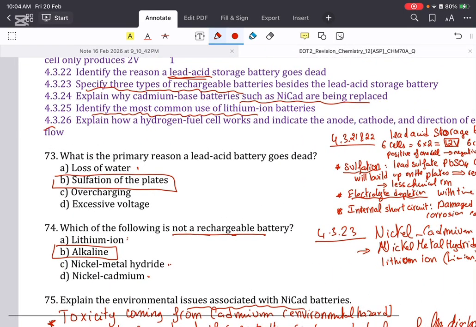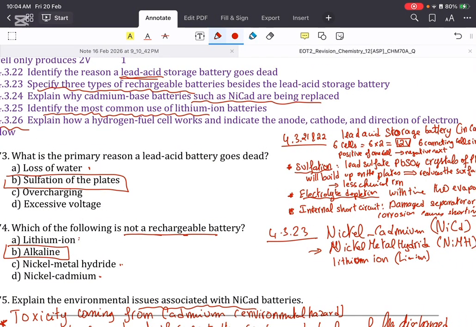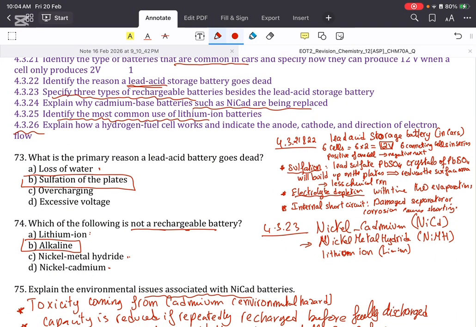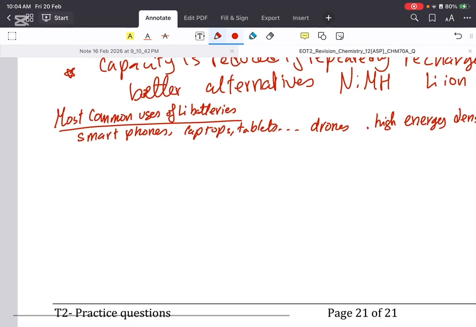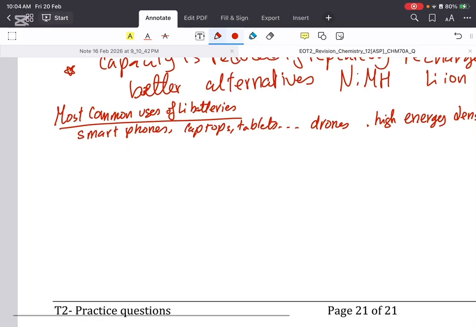Now for the last one: explain how a hydrogen fuel cell works and indicate the anode, the cathode, and the direction of electron flow. Basically, the basic reaction of the hydrogen cell is the electrolysis of water.